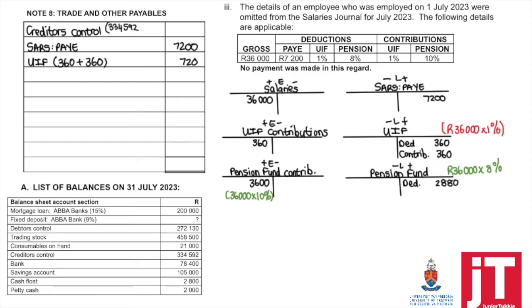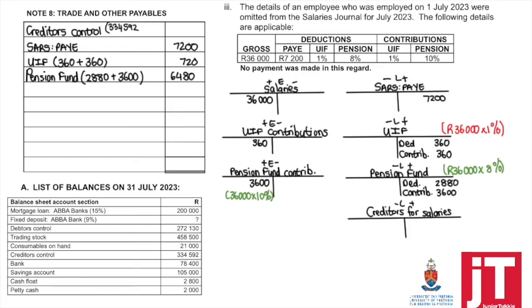It's what your employee pays towards the pension fund. Whatever we deduct is owed to that fund account. So when we calculate this, the total pension fund owed will be the deduction plus the contribution. We tend to forget the contribution.